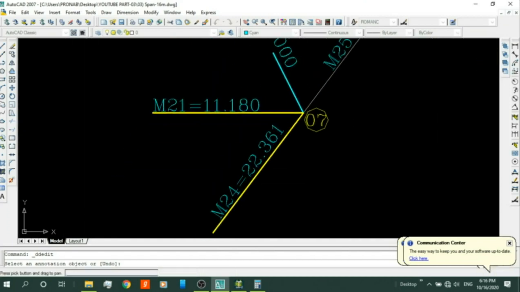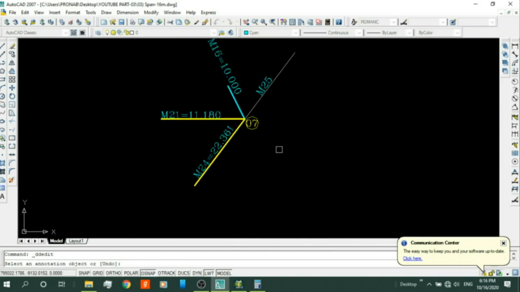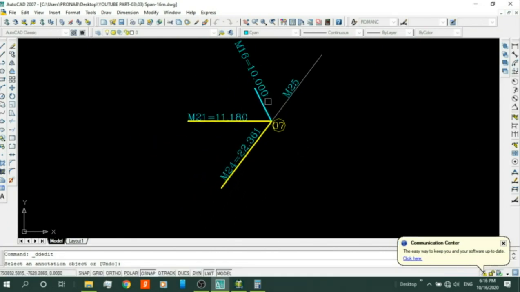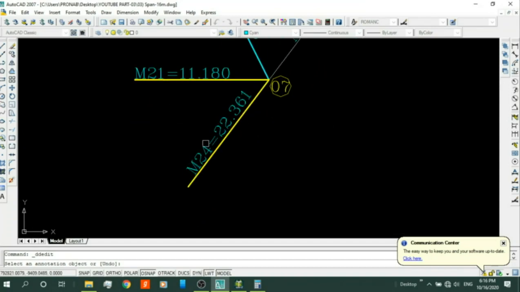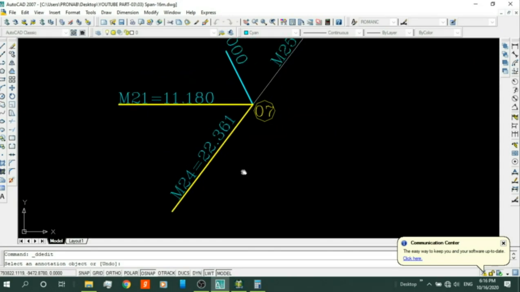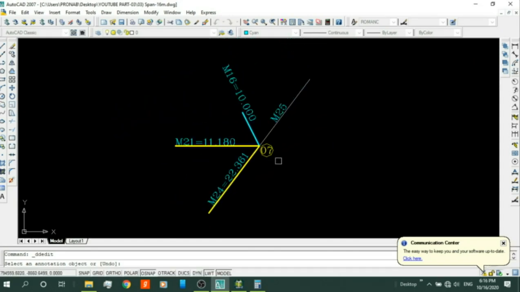Now we are going to analyze joint 7. Here we know the value of M16 is equal to 10, M21 is equal to 11.180, M24 is equal to 22.361.